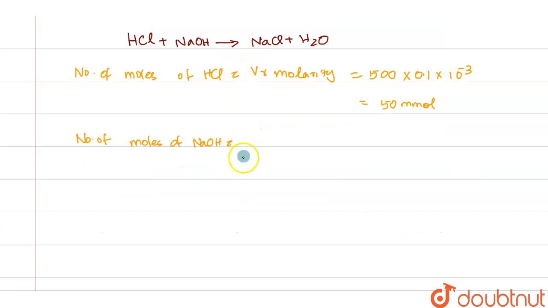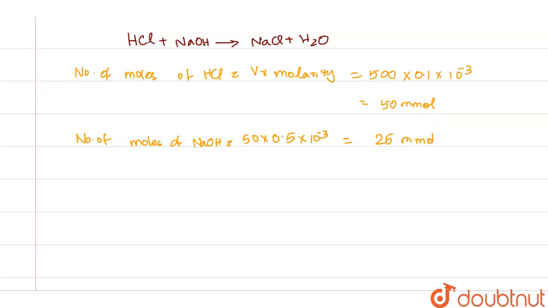Again volume into molarity: volume is 50 into molarity 0.5 into 10 to the power minus 3, volume in liters. We get this answer as 25 millimole. 25 millimole of NaOH is used for neutralization. So we have a total of 50 millimole of HCl and 25 millimole of NaOH is used for neutralization.